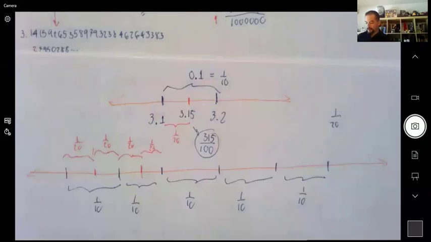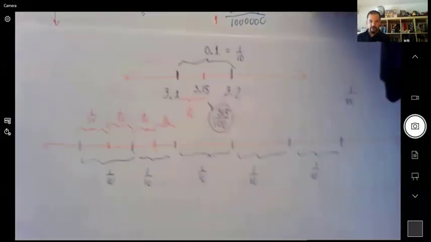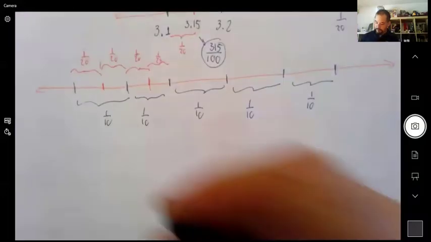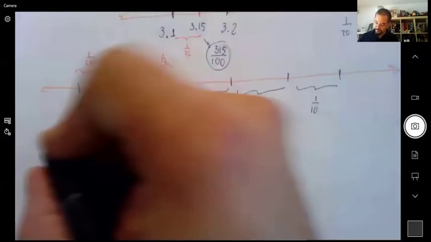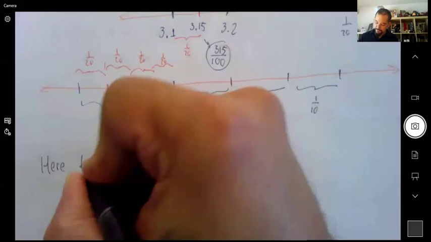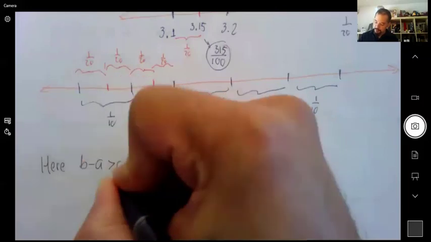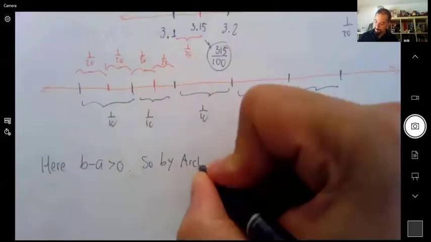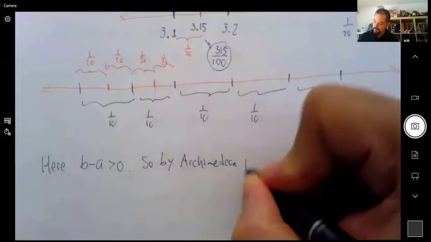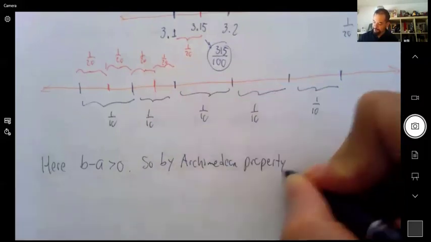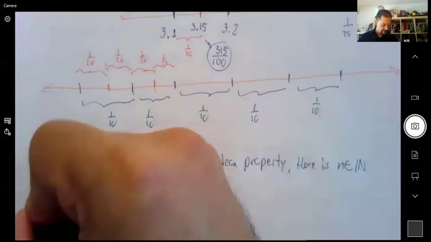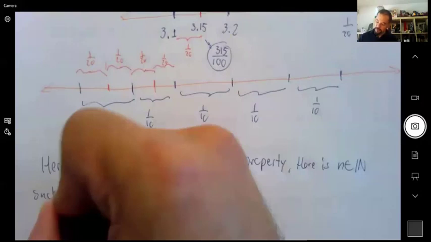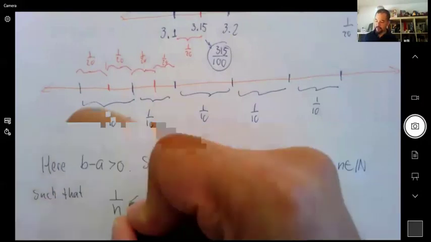Okay, now let's do it in general. How would it work in general? Well, like we said, b minus a is positive. So by the Archimedean property, there is some number, little n, such that 1/n is smaller than b minus a, right?